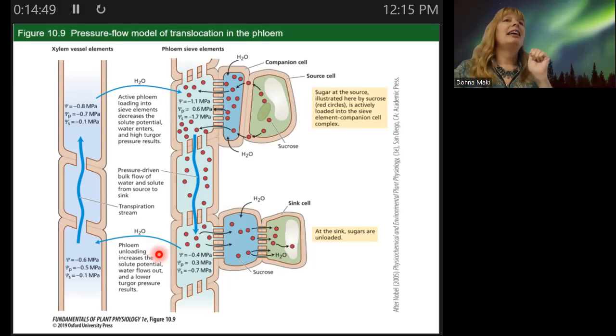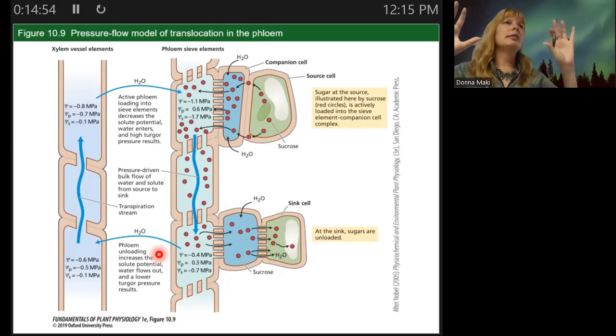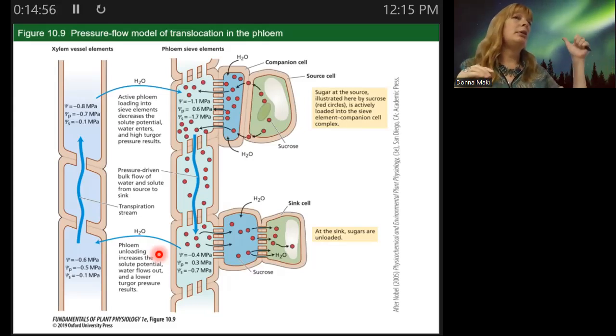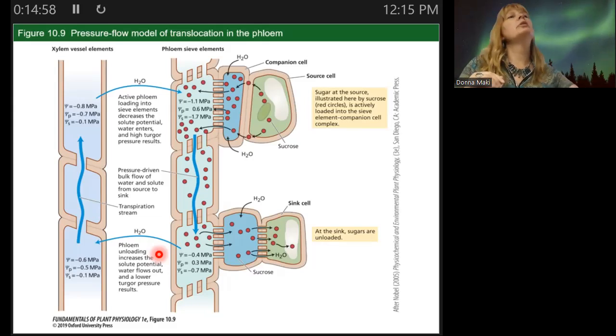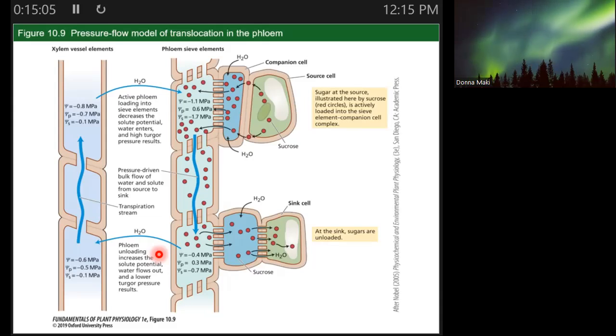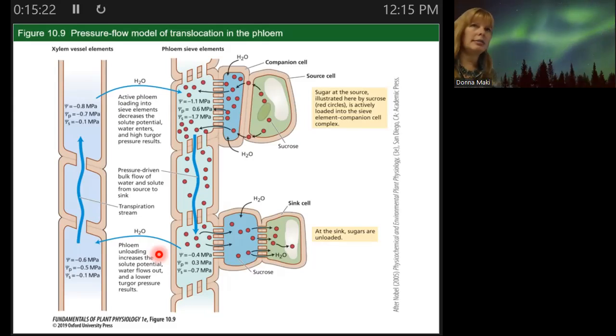But osmosis. We say water potential laws come into effect during osmosis, which is examining water movement across a selectively permeable membrane. Once you consider the sieve tube element highway system, is osmosis being met, the definition of osmosis? When you consider the sieve tube element highway system, is there a membrane being crossed from sieve tube element to sieve tube element to sieve tube element?